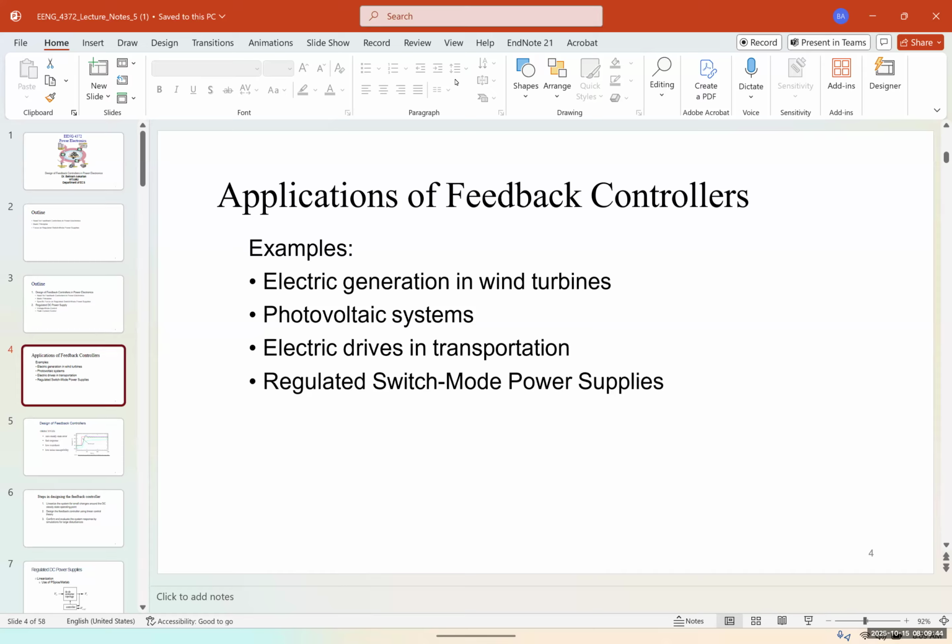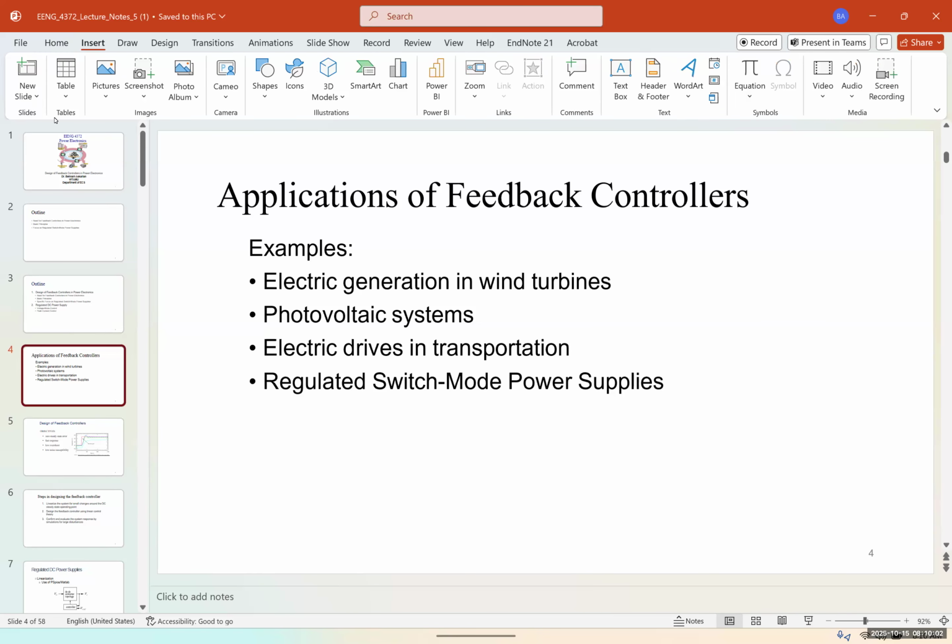Why do we even need a feedback control, for example, for a wind turbine system? So let me give you an example.